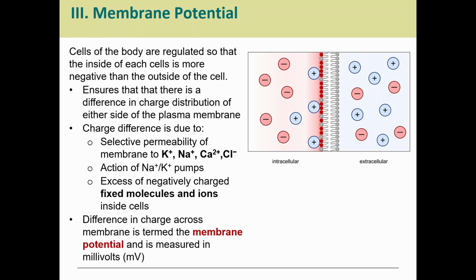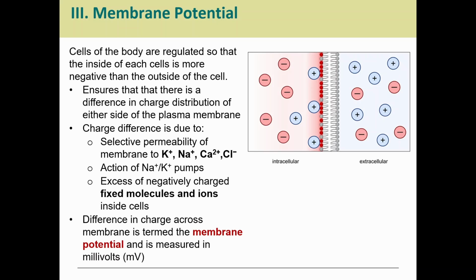But we also regulate the charge inside and outside of the cell, in that cells want to be more negative on the inside compared to the outside. So we want to have fewer positive ions inside the cell, more positive ions on the outside. This is basically so that we have a charge distribution on each side.